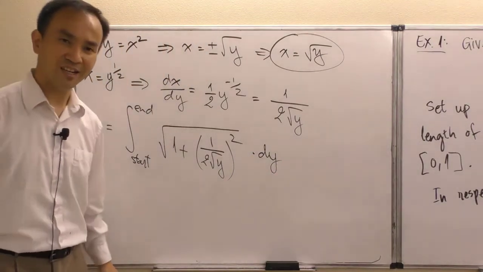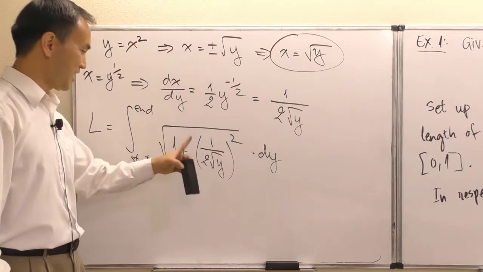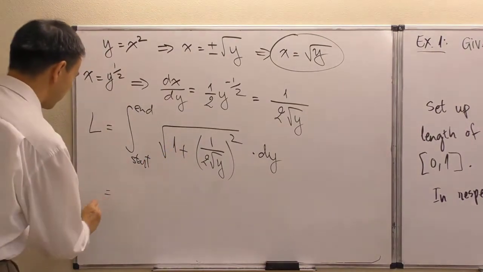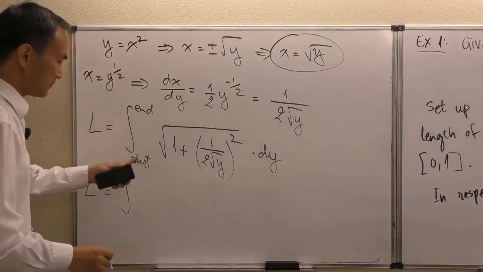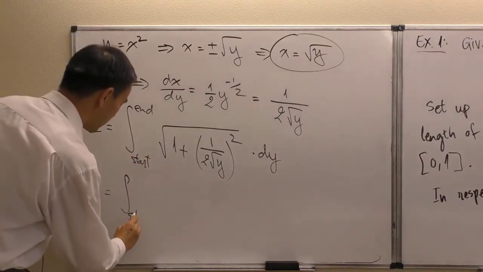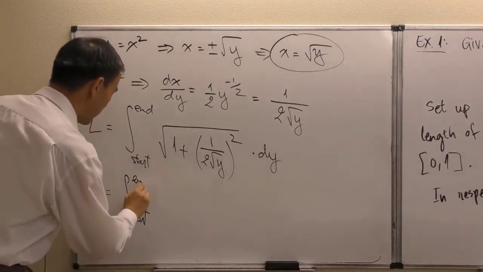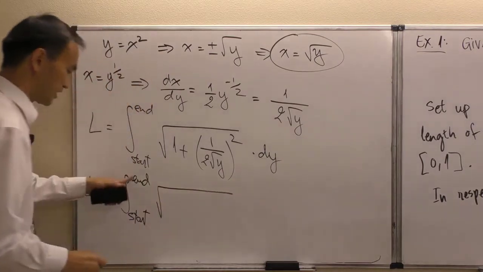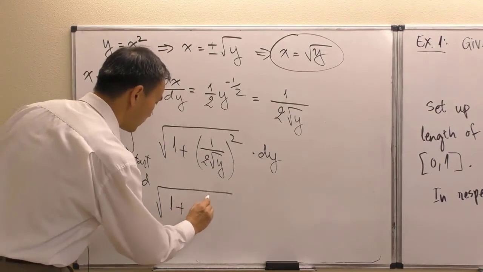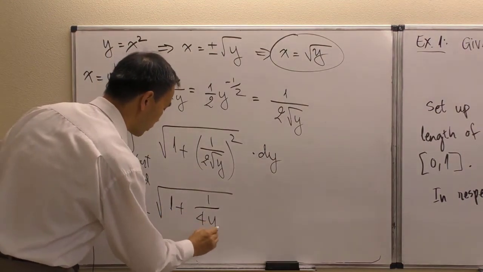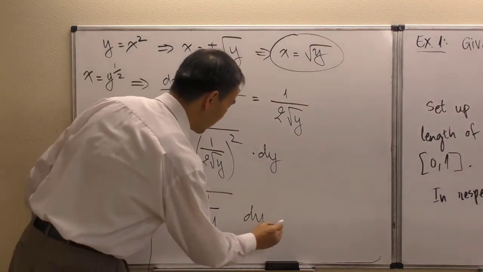It has to be a dy. Doing just a little algebra, and I still haven't found the start and the end yet, this is the square root of 1 plus 1 over 4y, dy.